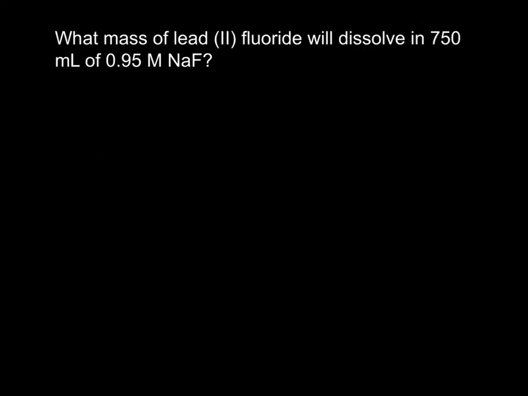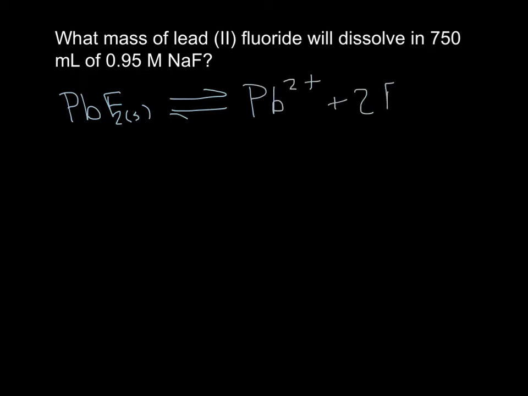Okay, for me things get interesting with this problem. It's the same reaction. We're still going to be dissolving lead-2 fluoride, and I'm going to remind myself that this is a solid and it's going to be in equilibrium with the aqueous ions of lead-2 and fluoride. And again, K for this reaction is still 3.6 times 10 to the negative 8th.